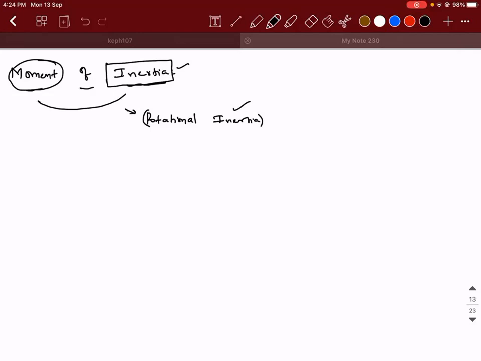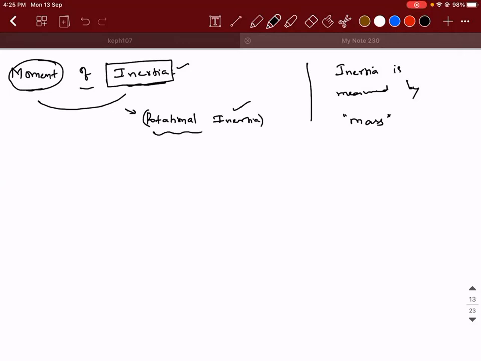Now, in the case of translatory motion, how did we measure inertia? Mass. That's right. So the more the mass of the object, the more will be the inertia.